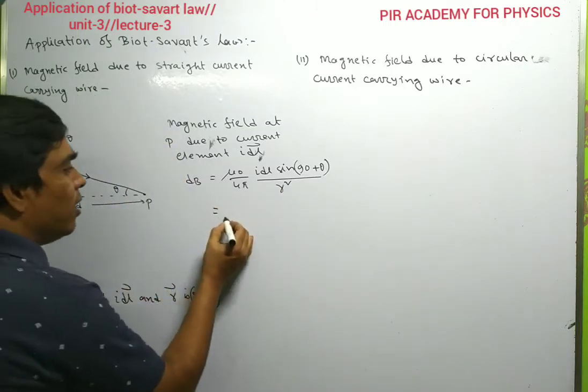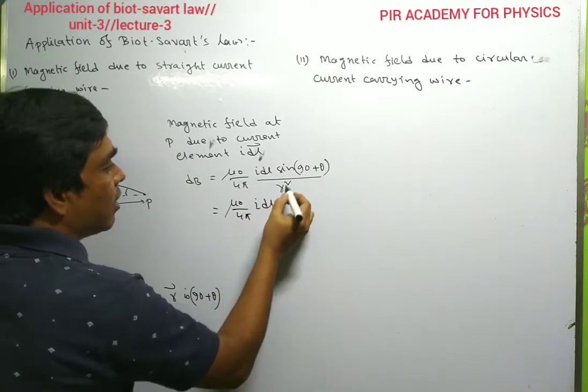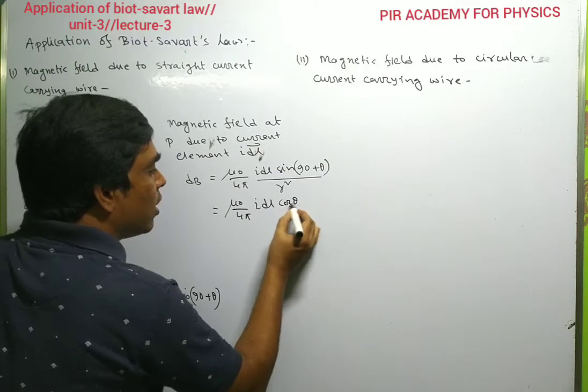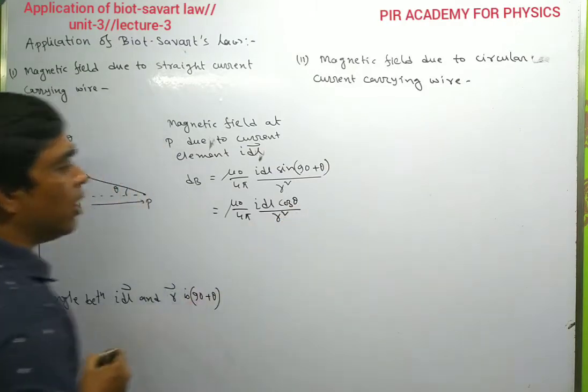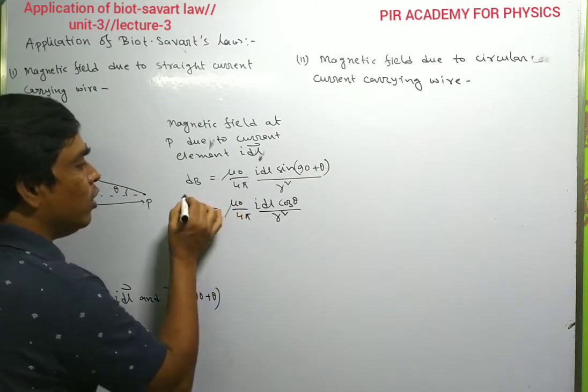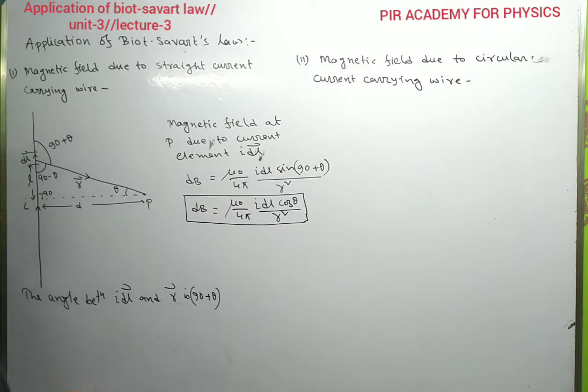So it will be mu 0 by 4 pi I dl, sine 90 degree plus theta will be cos theta, by r square. So this is the magnetic field due to the current element dl at P.